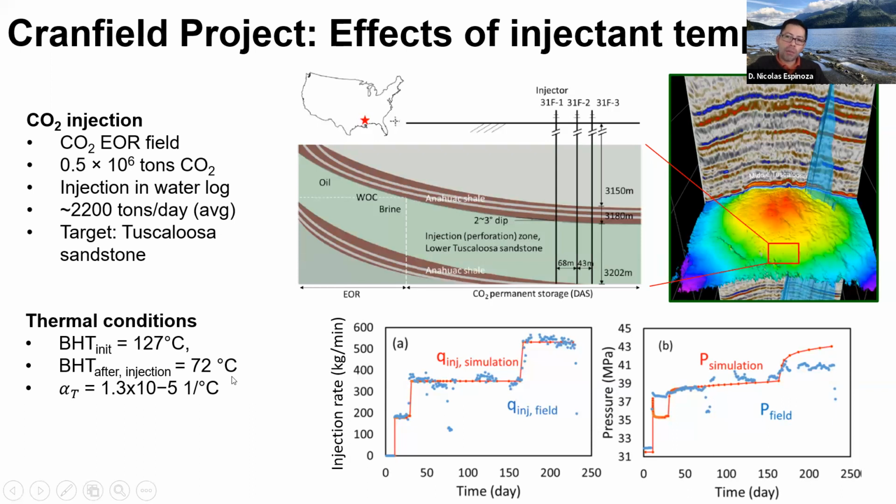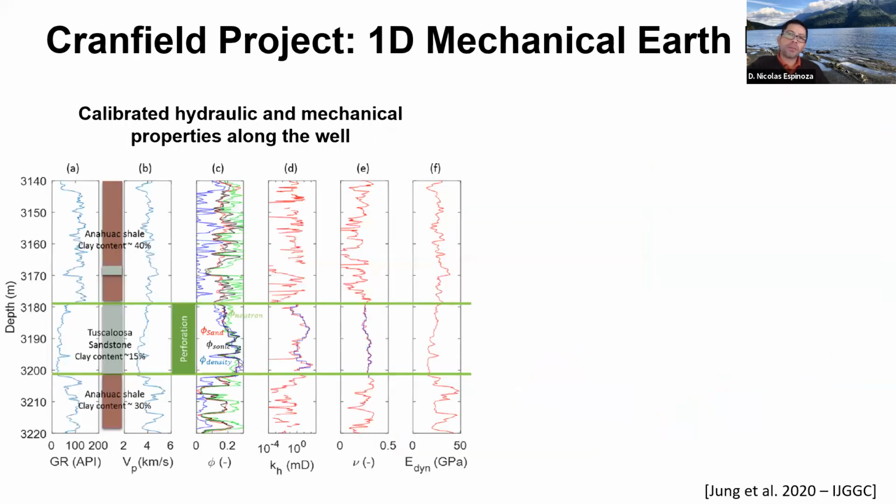Because a sharp decrease in temperature is going to de-stress the rock adjacent to the injector, and it's going to make hydraulic fracturing easier. So how do we make sure that this doesn't happen? What you do is you build what is called a mechanical model of the subsurface.